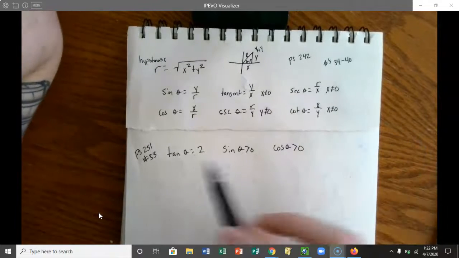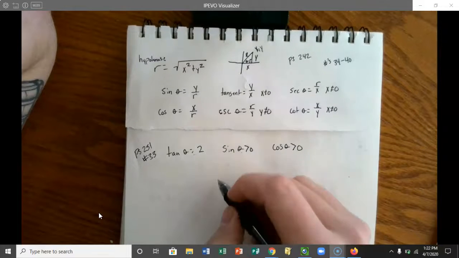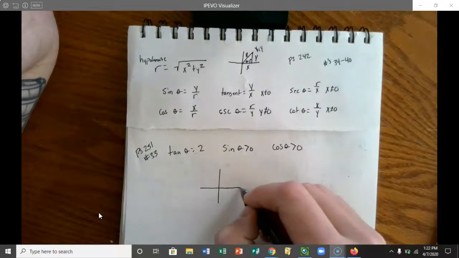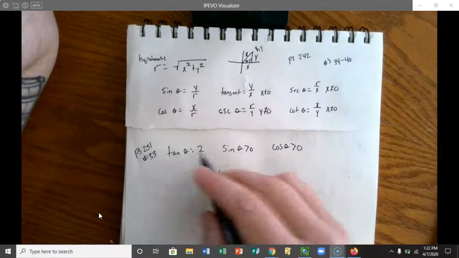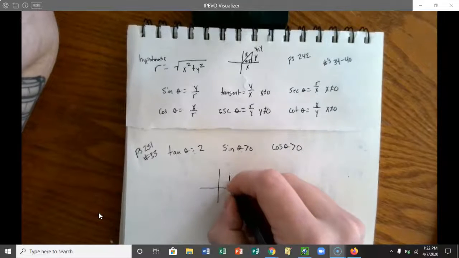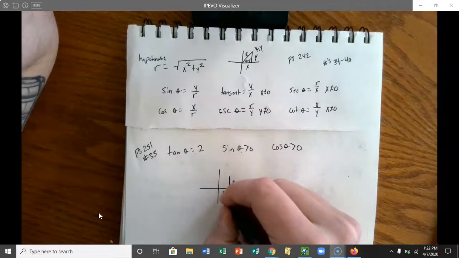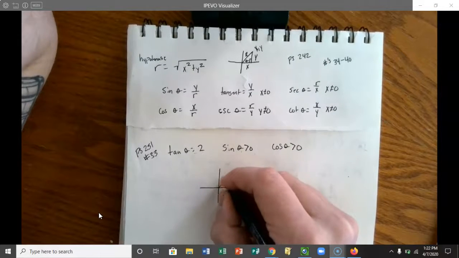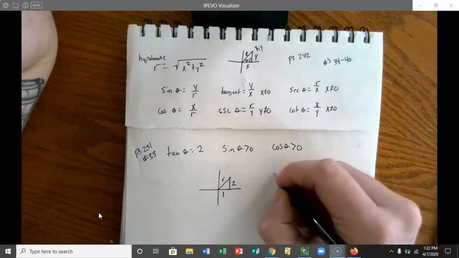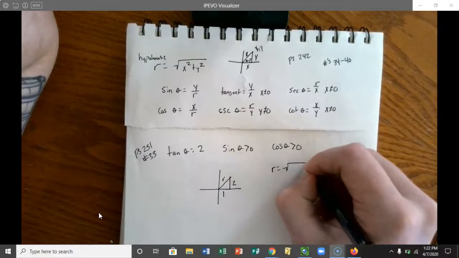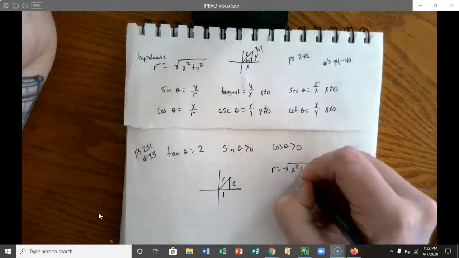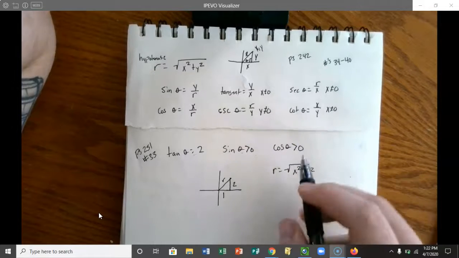So what we've been given is the opposite and the adjacent side. Tangent is y over x. So if we have 2, that means we have a y value of 2, we have an x value of 1, and we have to find r. The way that we find r is we're going to use the Pythagorean theorem. r is equal to the square root of x squared plus y squared.